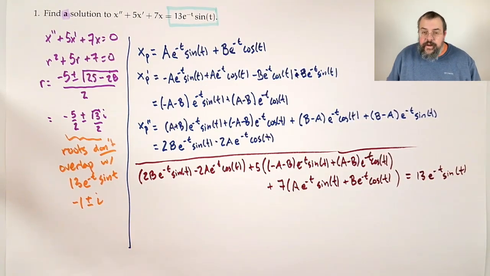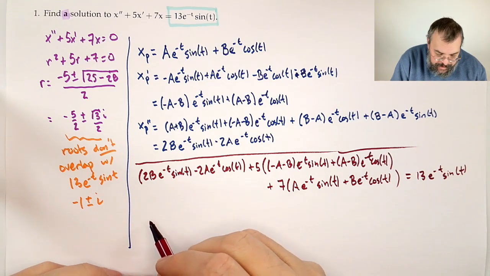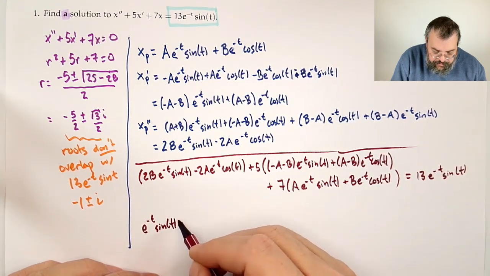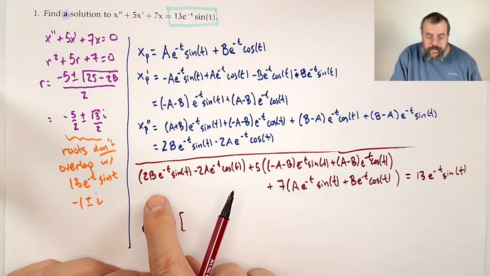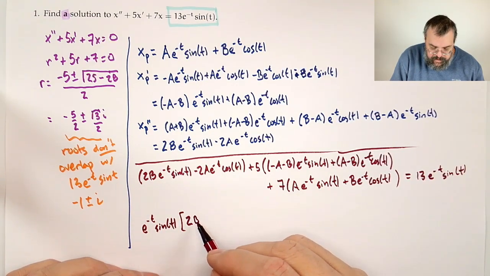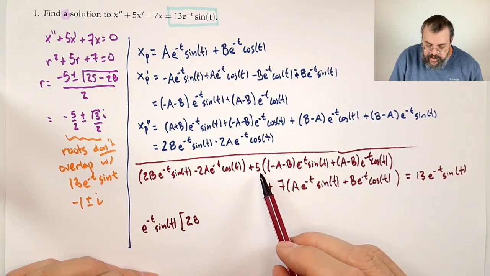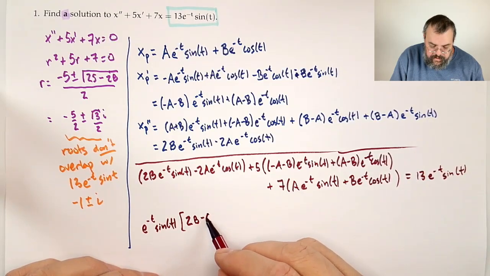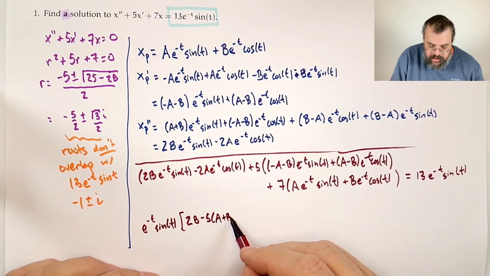All right, good. We're rounding the corner. We're almost there. Now, what do we do? Well, we group things together. So we have the e to the minus t sine of t. What's there? There's the 2b, and we'll just write these down. Then there's the 5 times minus a minus b, so we can write this as minus 5 times a plus b.